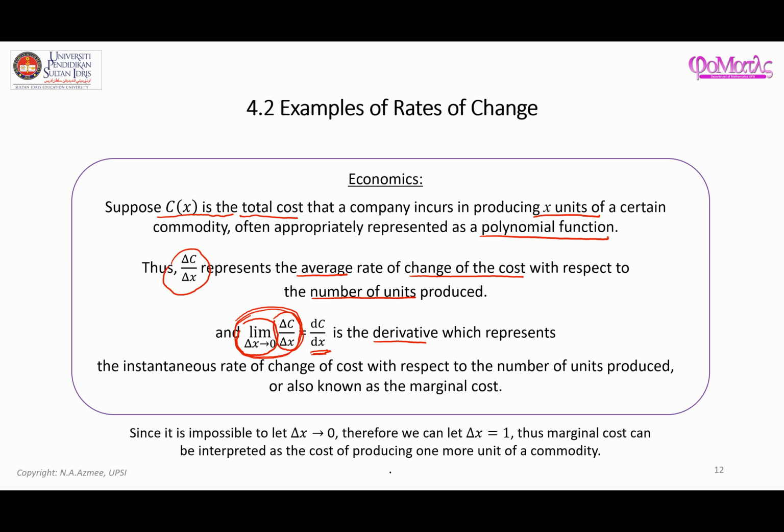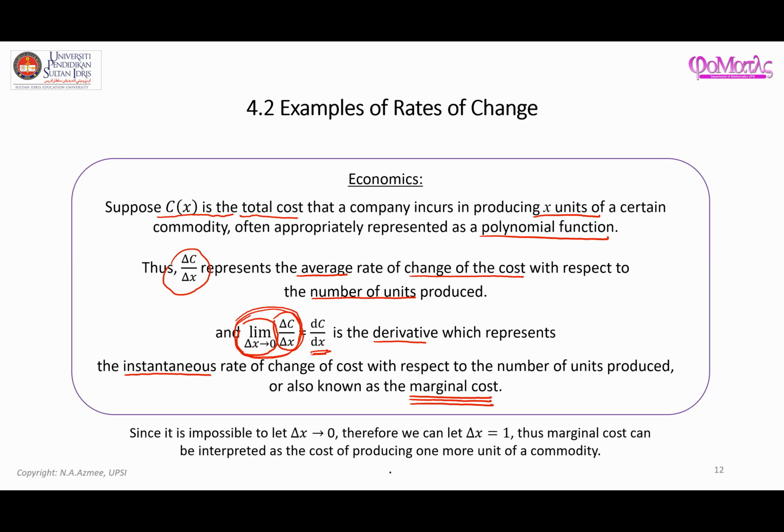When you talk about the derivative, you talk about the instantaneous rate of change of cost with respect to the number of units produced, and in economic terms, this is known as the marginal cost.